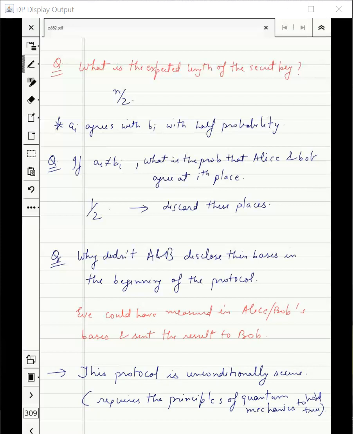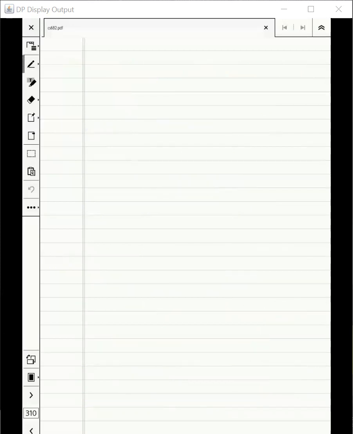Though to show that is kind of outside the scope of the course, and I also don't know the proof. After the end of the protocol, there are two steps. Don't ask me much about them. These are classical cryptography steps: information reconciliation and privacy amplification.